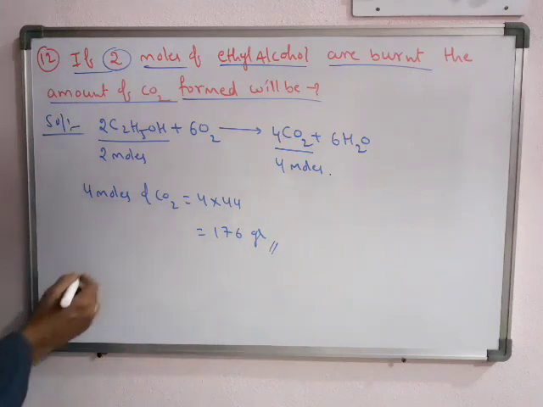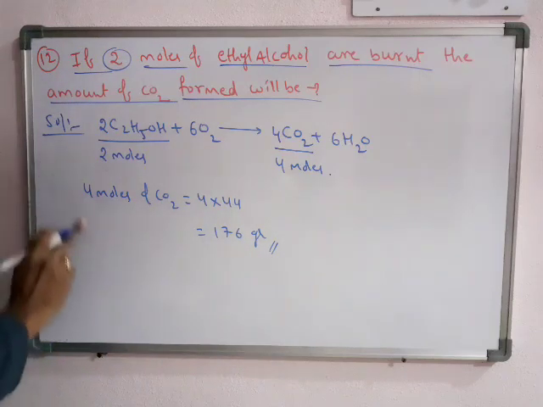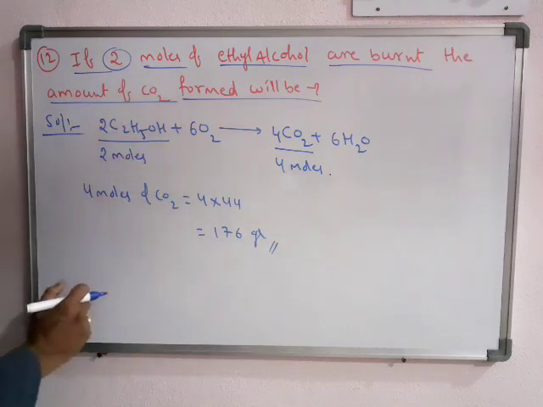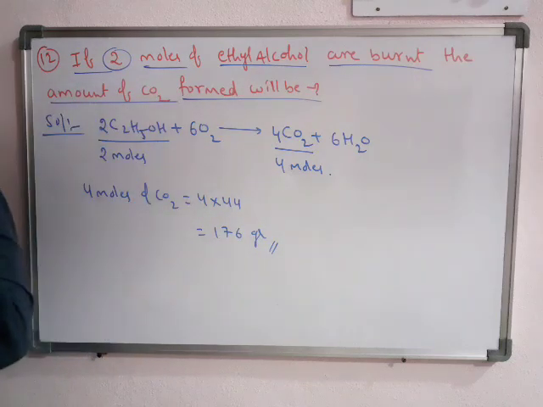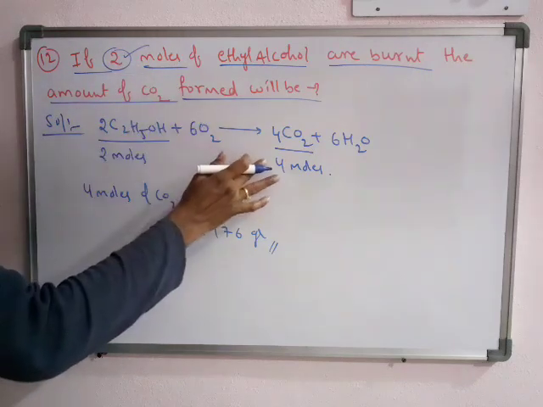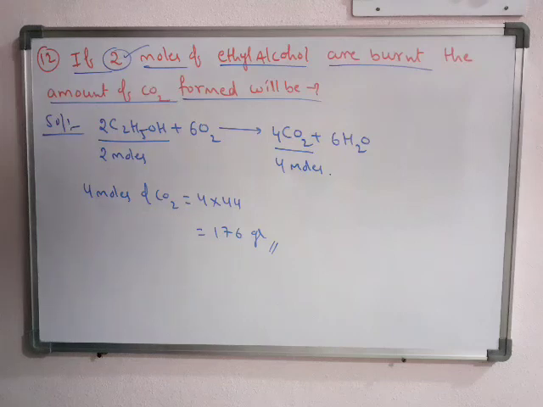So I think the fourth option is the correct one: 176 grams of carbon dioxide is formed. From 1 mole we get only 2 moles of CO2, but here it is mentioned 2 moles, so 4 moles of carbon dioxide is released.